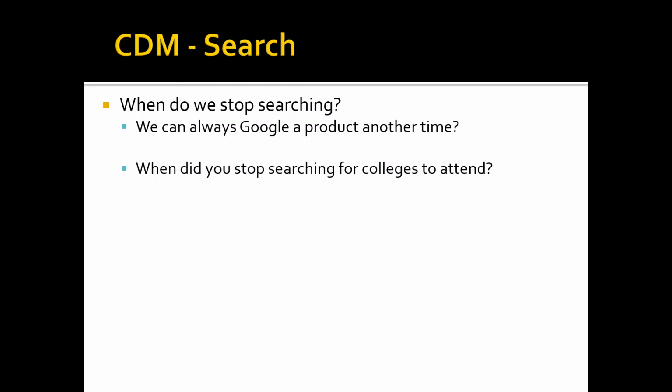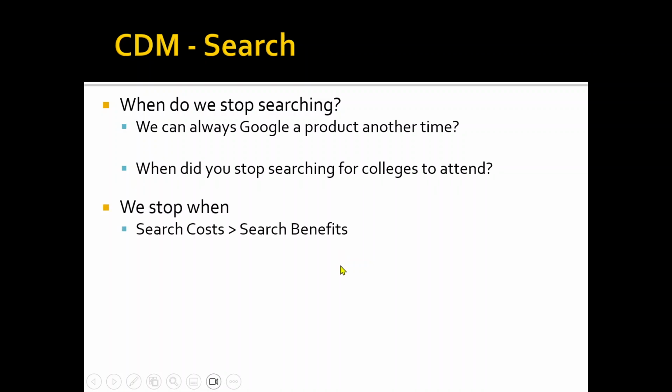Think about it. You probably considered a whole bunch of different colleges, had a big group to weed through, and then you narrowed it down, okay? But when did you stop searching? Because there's a lot of colleges. Normally we stop when the cost of searching is greater than the benefits.